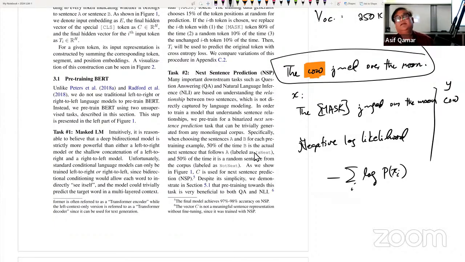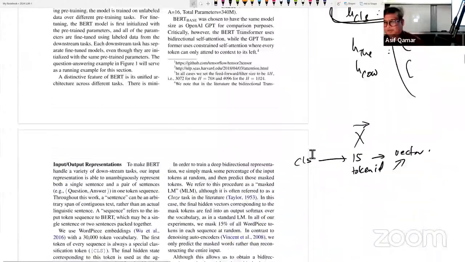So you do this masking and then you find the probability of cow. But what does that actually get us? See, the machine has a vocabulary of, let's take an example, 25,000 words. To each word, it will assign a probability. That's what softmax does. Remember, we talked about softmax.